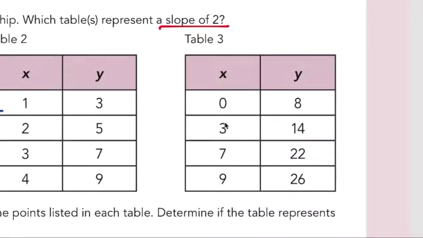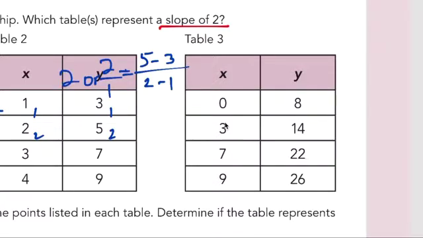So y sub 2 minus y sub 1 over x sub 2 minus x sub 1. So 5 minus 3 over 2 minus 1. I'd get, that is it. This answer here is 2 over 1, or just 2, right?